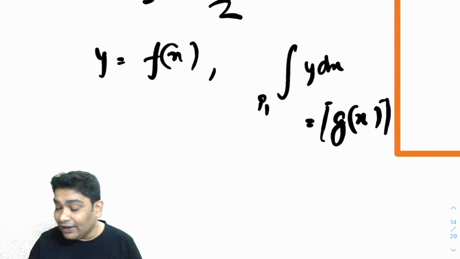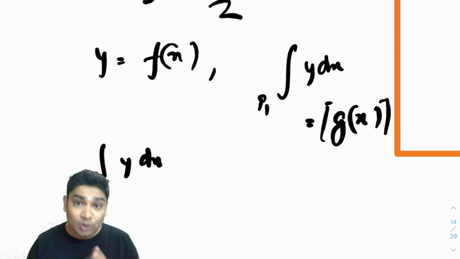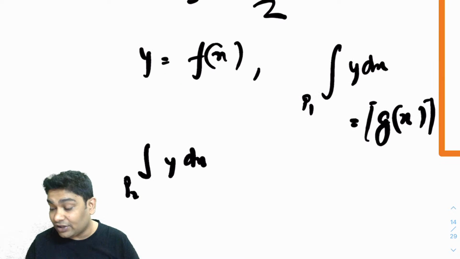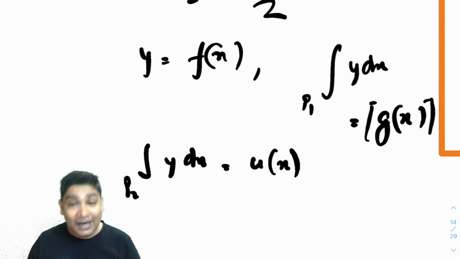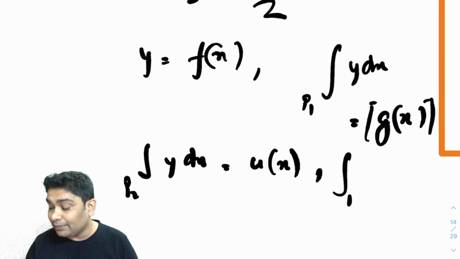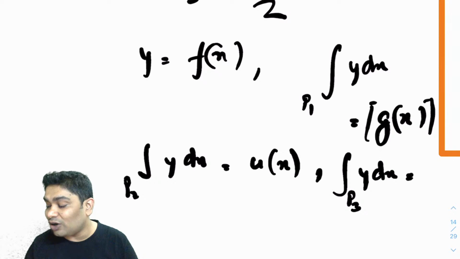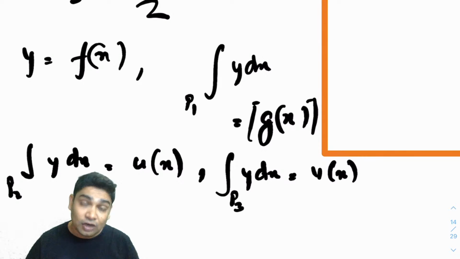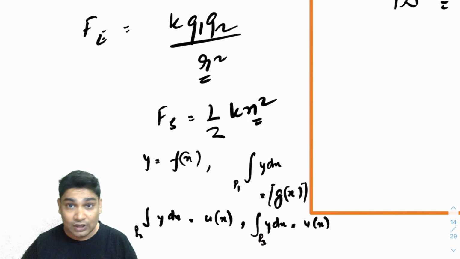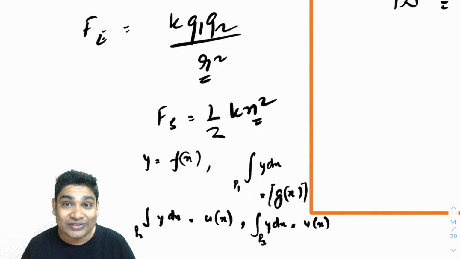If I integrate along path P2, I will get another function, let's say u of x. And if I integrate along path P3, I will get another function, let's call it v of x. So in general, the result of integration depends on your path. That is basic mathematics, which you will understand when you have studied integration in your maths class.